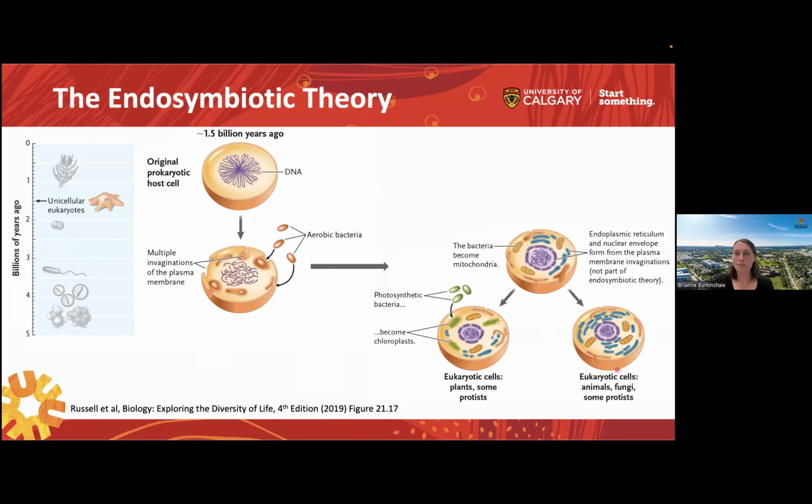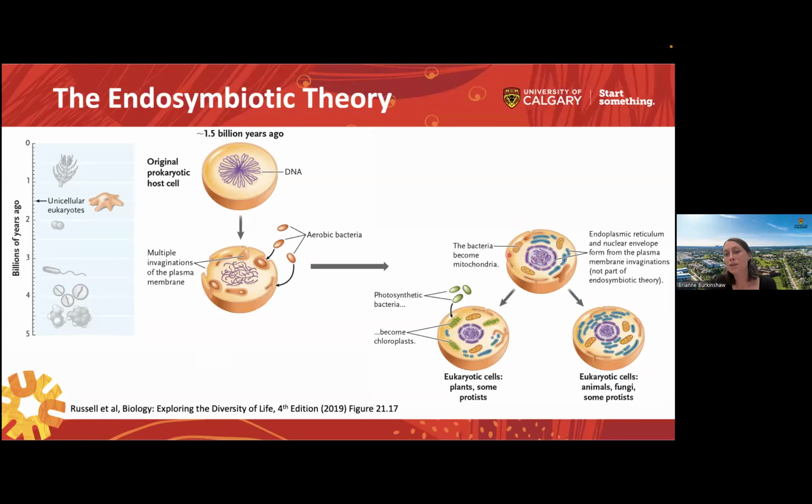Okay, and also, going back to that idea of horizontal gene transfer, so exchange of genetic material from one organism to another, not from one organism to its offspring. In this case, we have horizontal gene transfer because some of the genetic material that was present in the original aerobic bacteria actually moved into the nuclear genome of the host cell.